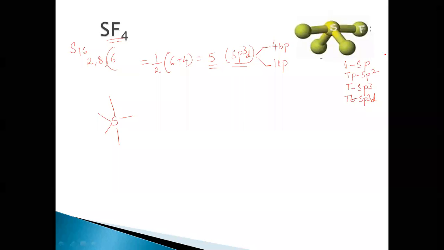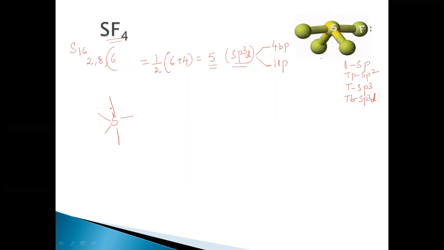So the question arises where this lone pair has to be placed, whether in the equatorial position or this axial position. The axial position is also called the apical position. We know that the lone pairs will be placed in such a way as to minimize the repulsion. So where will the repulsion be minimum, at the axial position or the equatorial position?